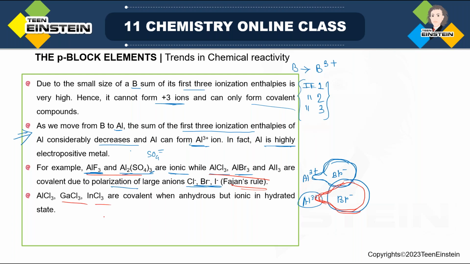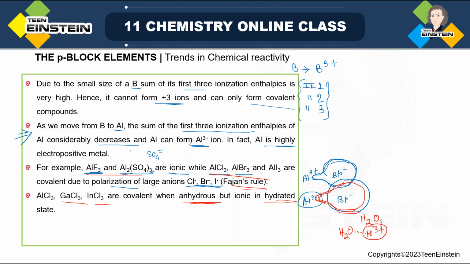AlCl3, GaCl3 and InCl3, they are covalent when anhydrous, but they are ionic in nature in the hydrated state. So what happens when it is in aqueous solution? Some hydration is happening. Hydration means different H2O molecules will surround the cation. Suppose here the cation in general I am writing M3+. So it will surround this metal, and as a result it will stabilize this free M3+.